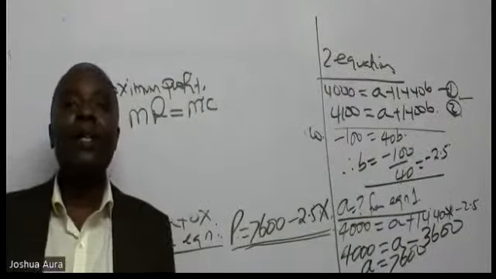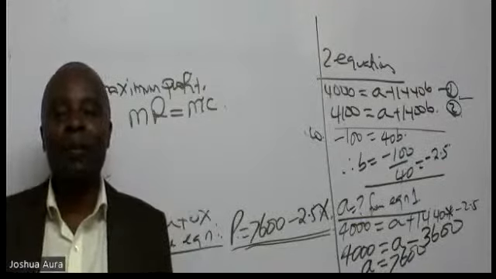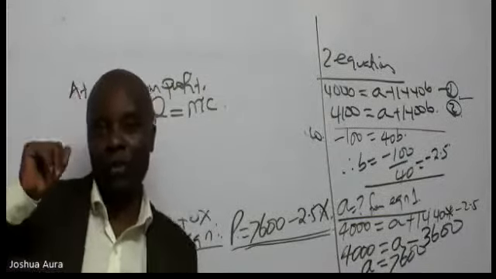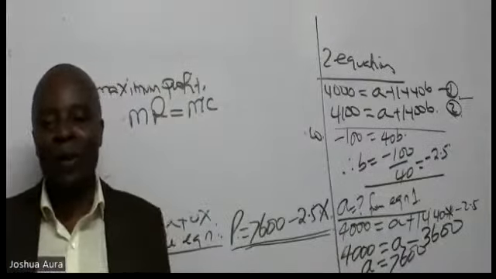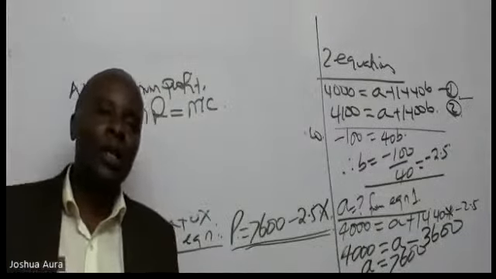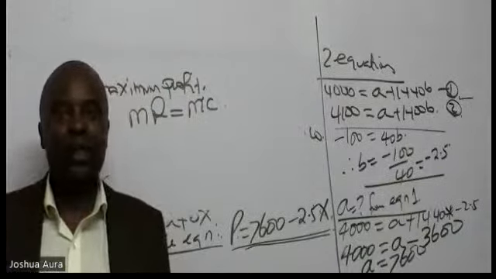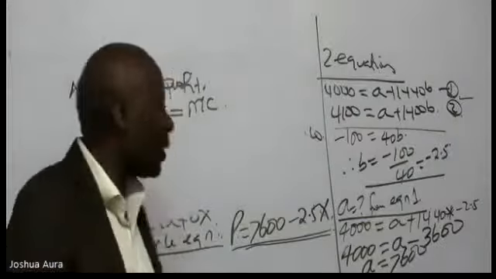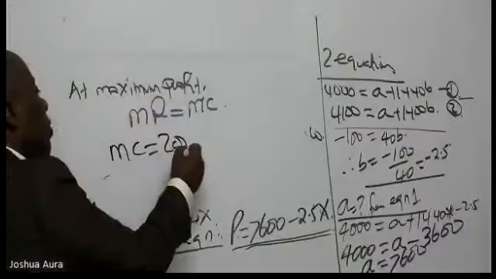Remember, it is 1,000 per guest, and the double room carries 2 people. So marginal cost, which is the same as variable cost, is 2 times 1,000, which is 2,000. So I don't have a problem at all with marginal cost; it is 2,000.